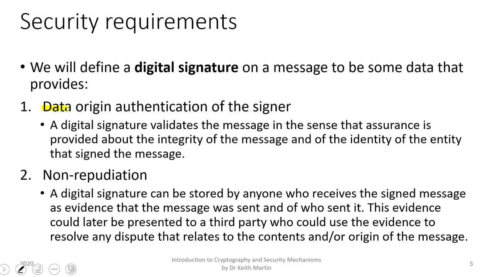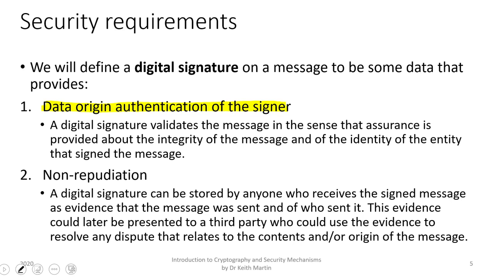When we talk about data origin authentication of the signer, what we want here is, with a digital signature, we should be able to validate the message and assure that the message has not changed and the message was originally signed by the specified entity.